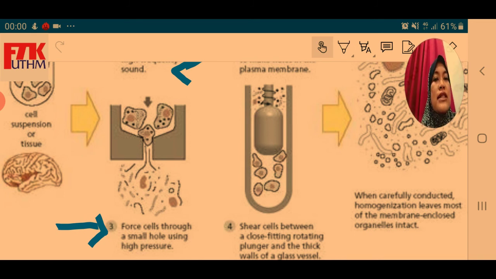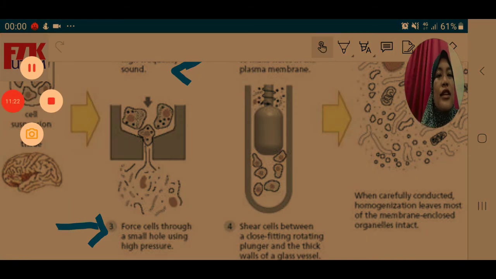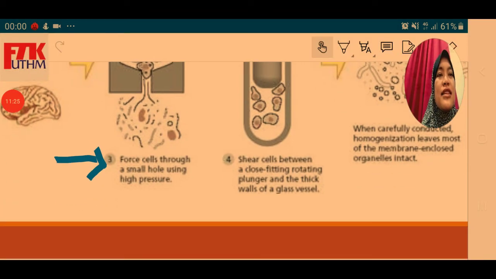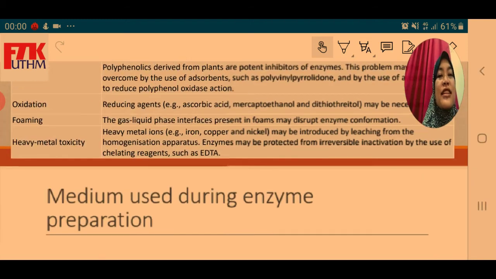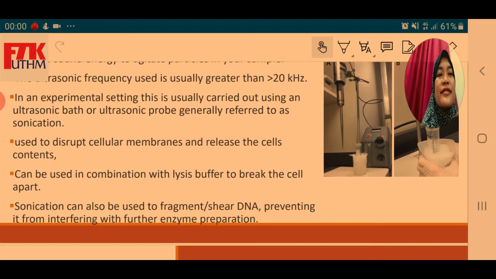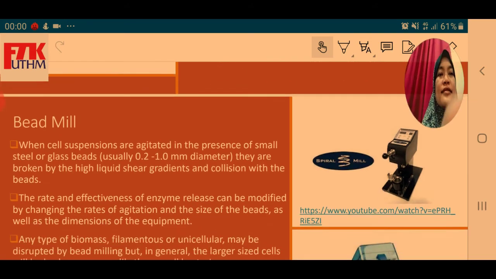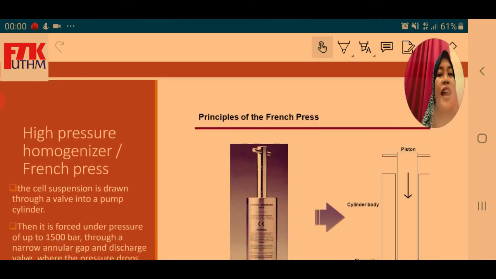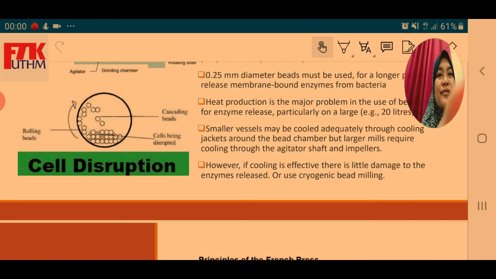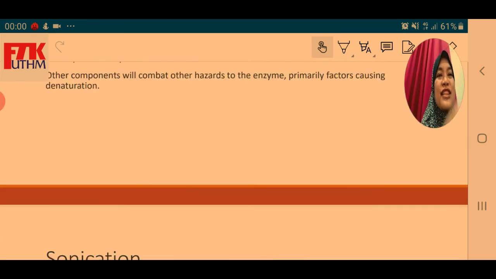We call this the high pressure homogenizer, or the French press.